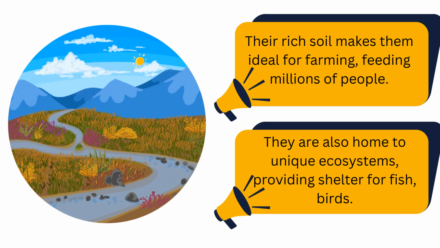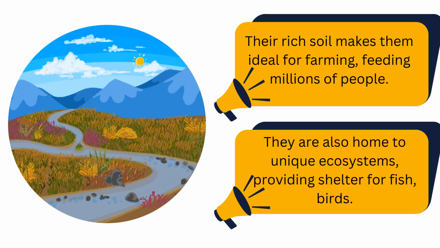Why do deltas matter? Deltas are incredibly important. Their rich soil makes them ideal for farming, feeding millions of people. They are also home to unique ecosystems, providing shelter for fish and birds. But deltas are also at risk.